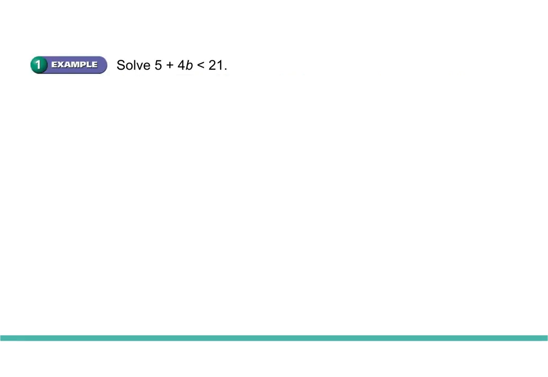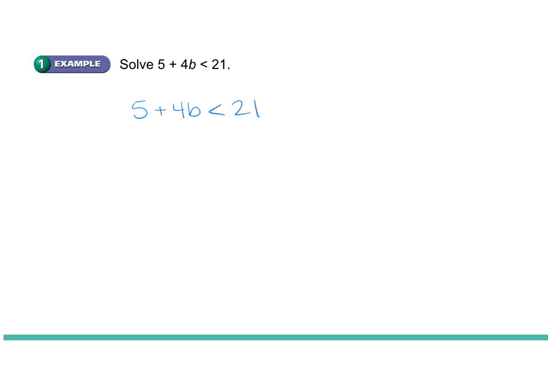All right, example 1, we need to solve the inequality that we're given. So I'll rewrite that below. All right, we're going to treat it just like an equation. So I would subtract my 5 over.